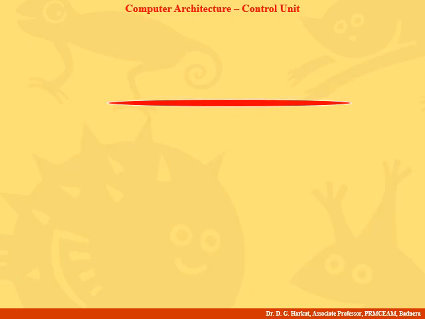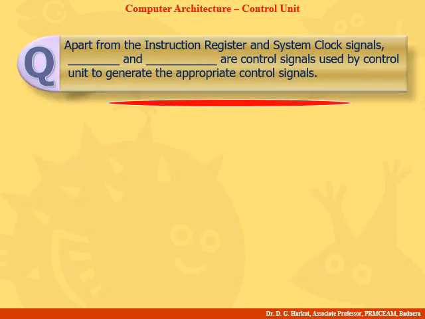Next question. Apart from instruction register and system clock signals, two more input signals are there for control unit to generate appropriate control signals. You need to identify those two inputs. Control unit requires 4 inputs.